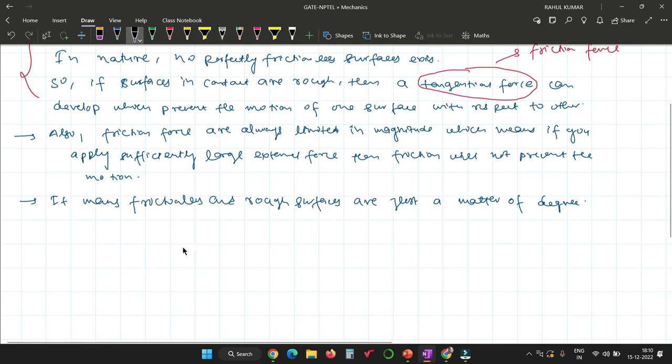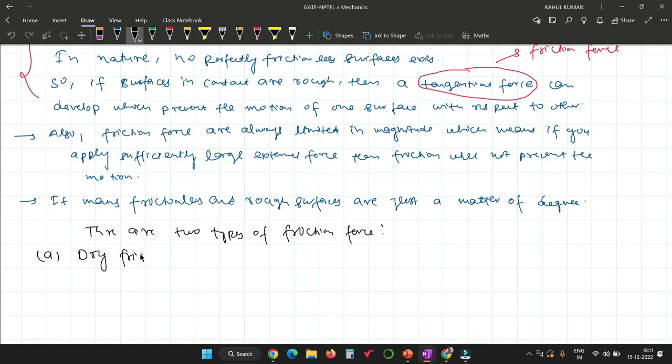In practice there are two types of friction force. The first type is called dry friction. So what is a matter of degree?